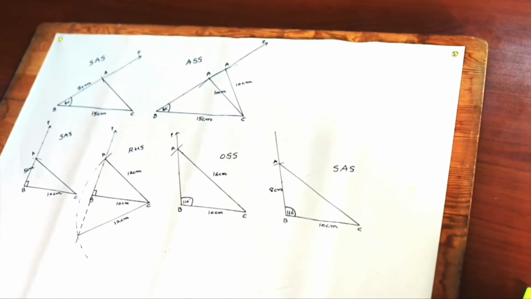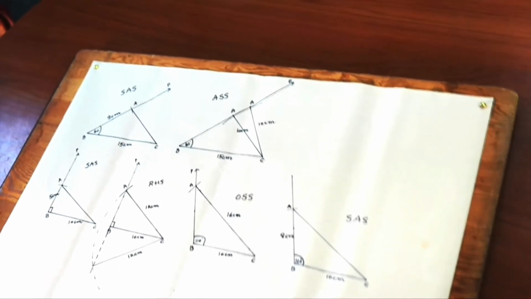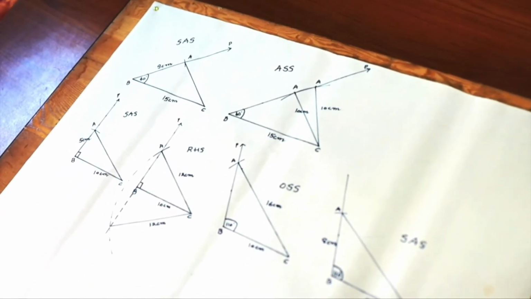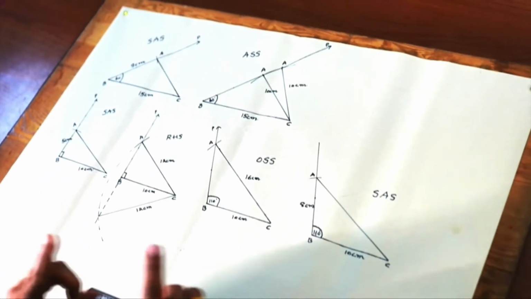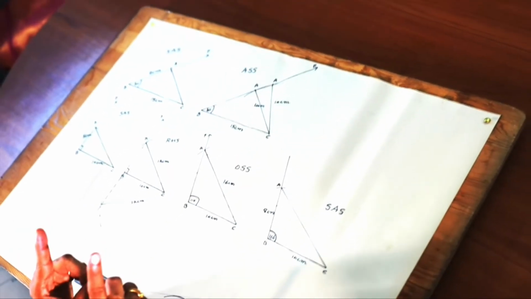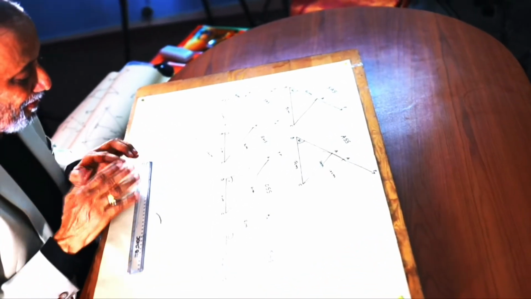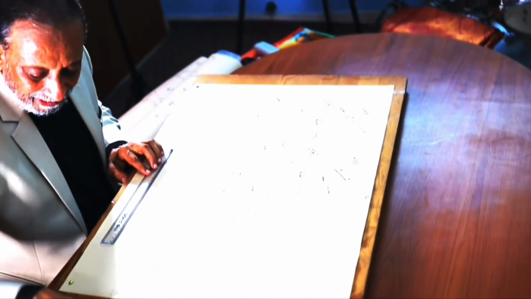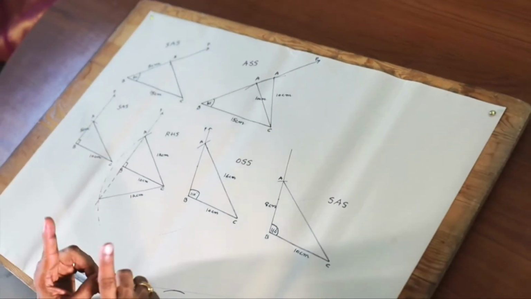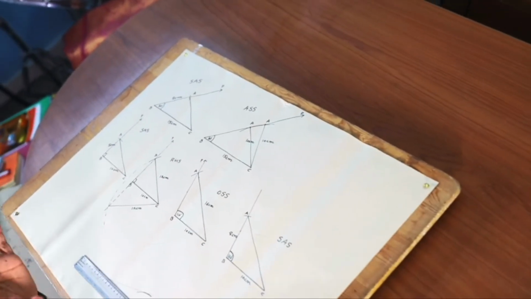So therefore this is SAS only. Here this is an obtuse angle triangle, but the obtuse angle is not included between these two sides. Therefore we can call this OSS.